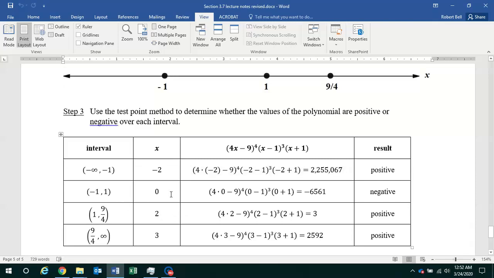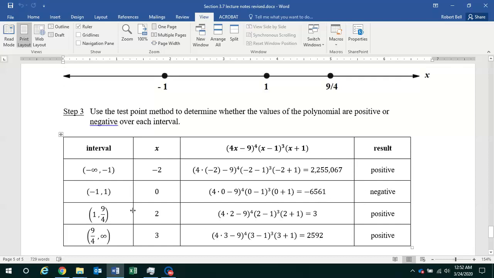In the second interval, I use 0 as my test point. And when I put in 0 for x in the polynomial, I got a negative value. So any real number greater than −1 and less than 1 put in for x in the polynomial will result in a negative value for the polynomial.